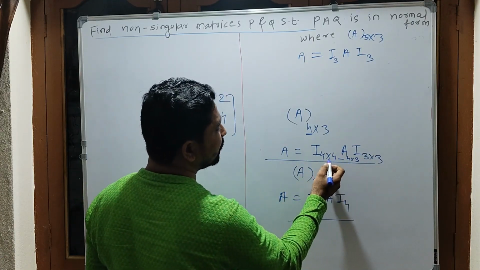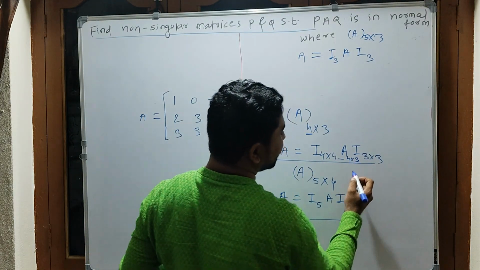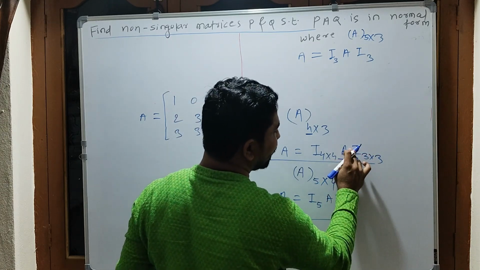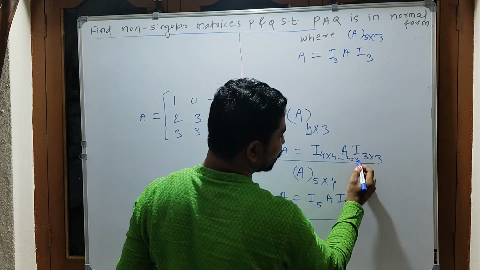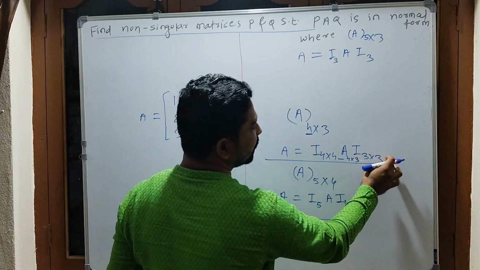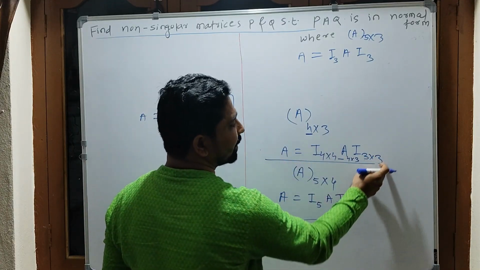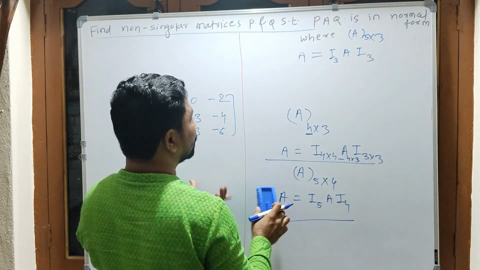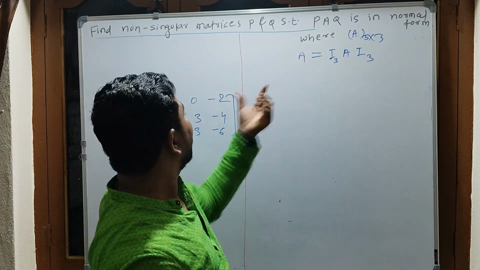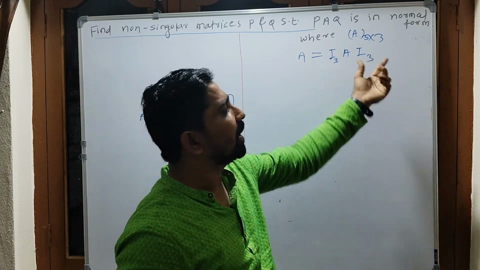So I have to take the identity matrix of order 4 cross 4 on the left, and the identity matrix of order 3 cross 3 on the right. If this is 3, that should be 3, and if this is 4, that should be 4. But in our case A is a matrix of order 3 cross 3, so I am writing A is equal to I3 A I3.